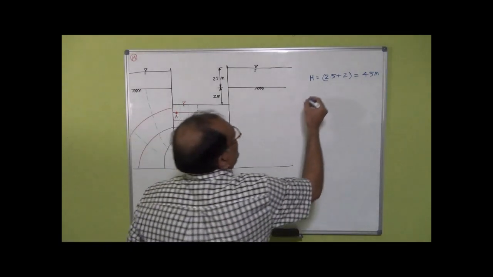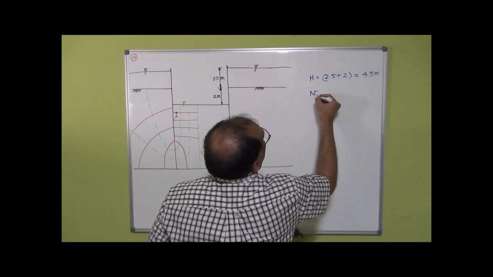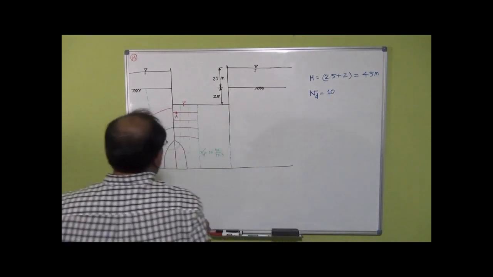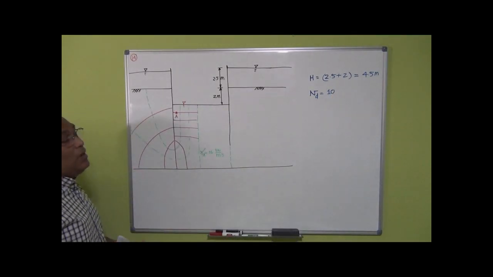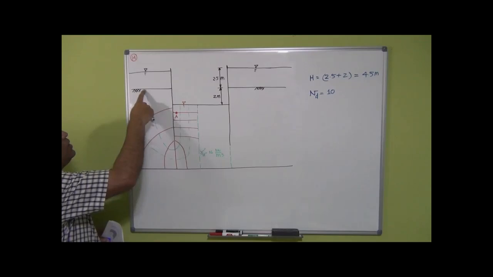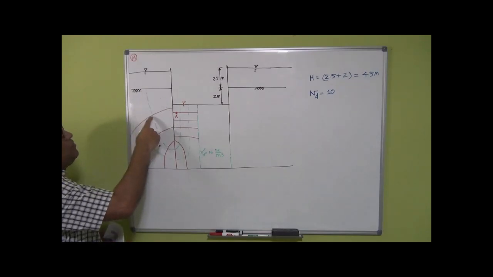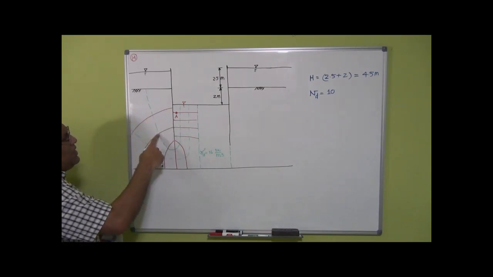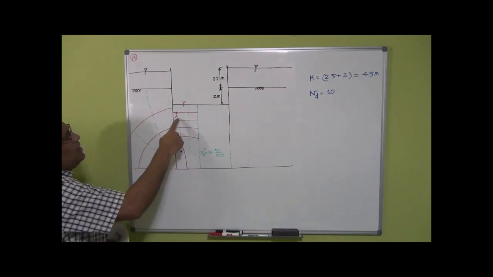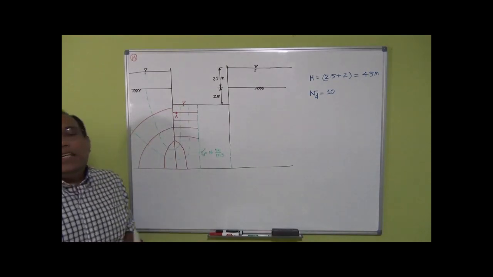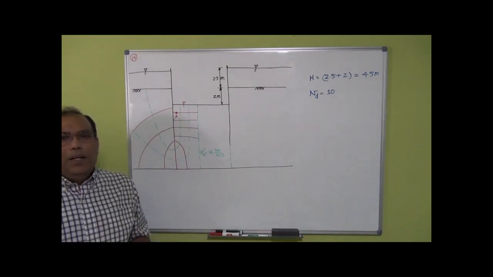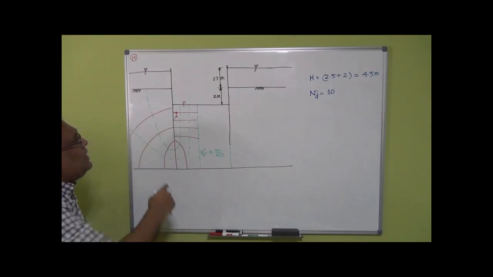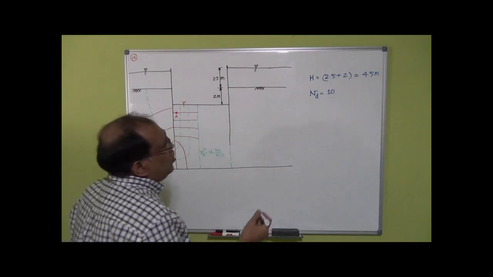Okay, so ND. You can remember that all the time when we count, we don't count the first line, we start from here because this is the first drop. From here to here, this is the first drop. Second, third, fourth, fifth, sixth, seventh, eighth, ninth, 10. So there will be 10 equal drops for this particular flow net. Okay, so how much is going to drop for each of them?